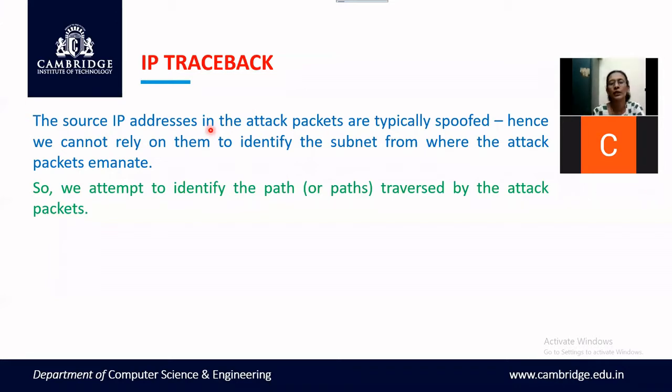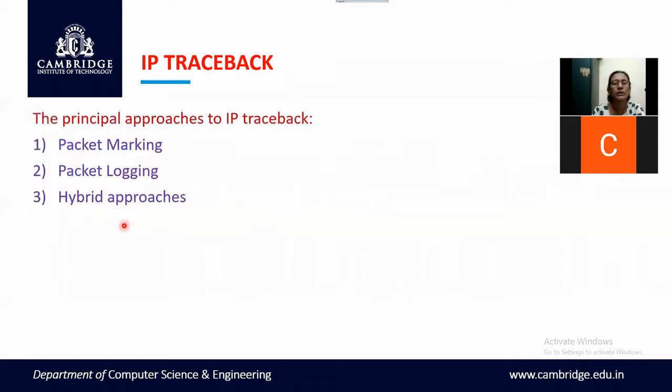So here what we do is we try to identify the path or paths that are traversed by the attack packets. Now how do we do this? We have principally three approaches: packet marking, packet logging, and hybrid approaches.